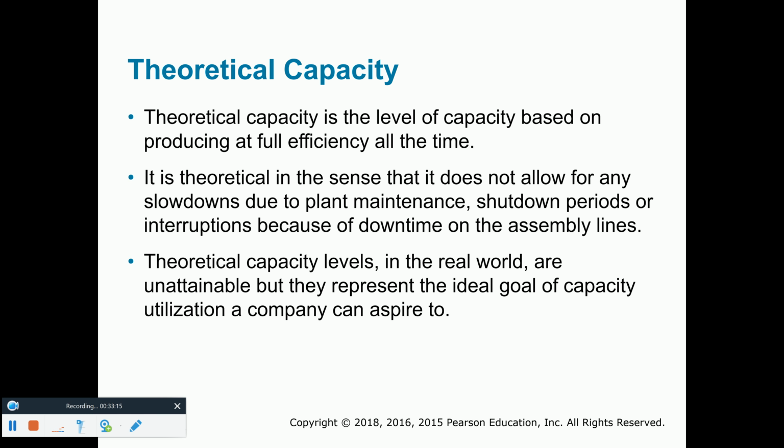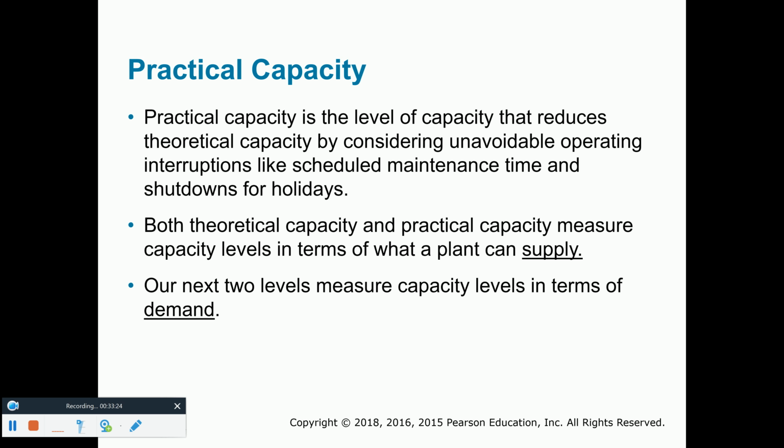We all know machines break down. We all know the human assembly workers make mistakes. We all know there are shutdowns. So that's probably not the best way. Number 2 was practical capacity.